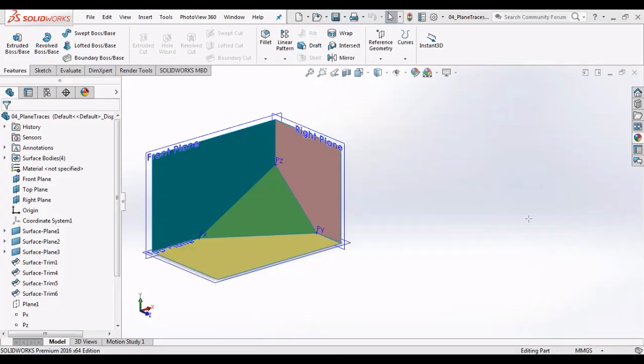You need to draw two lines like this, right? That represents 3 planes. So here the H plane, here the V plane, and here the W plane. So your traces will be something like this.